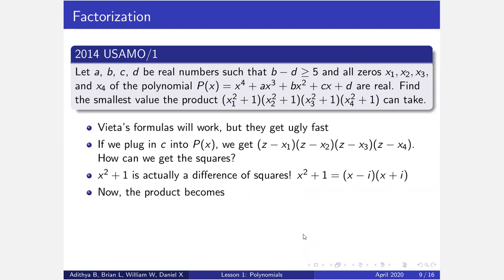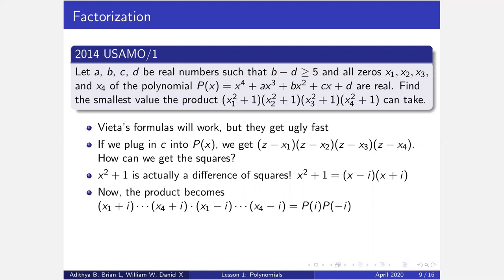And then we use the second bullet to get that this equals P of i times P of negative i, right? You're also plugging in z into P of x. Yeah, so does everyone see how that works?